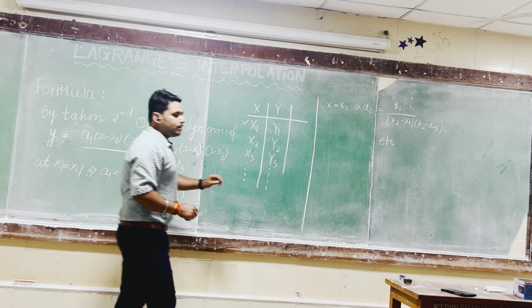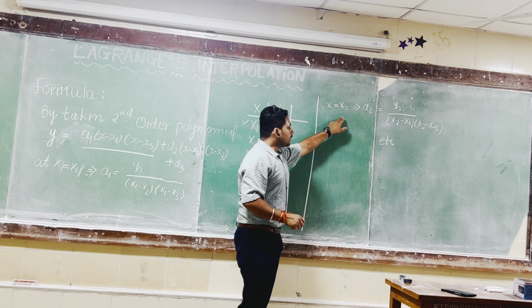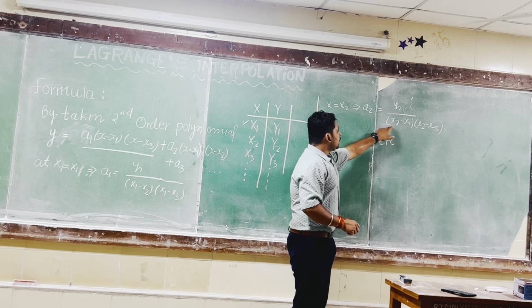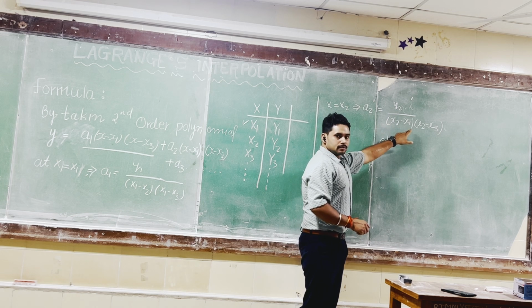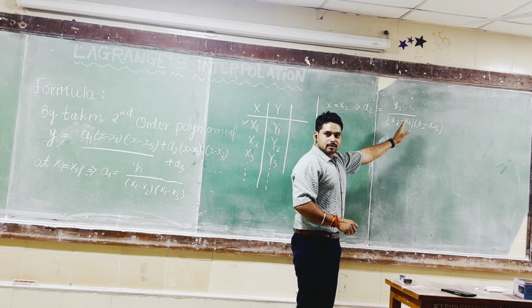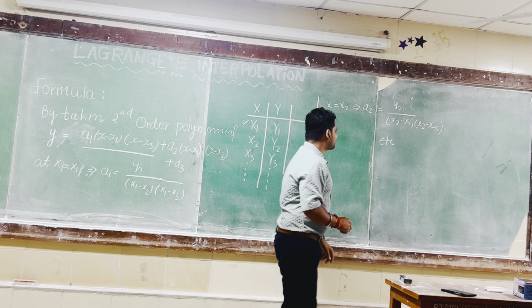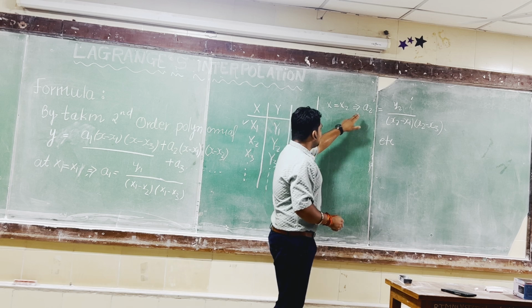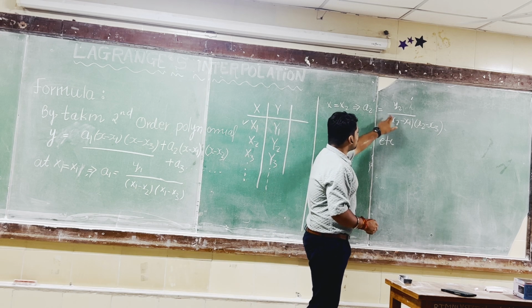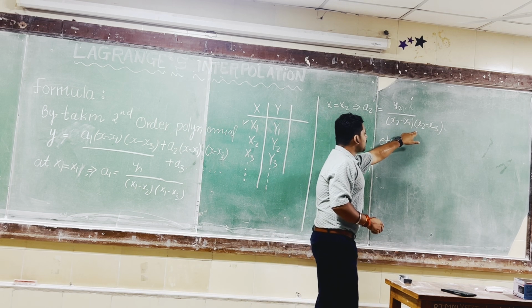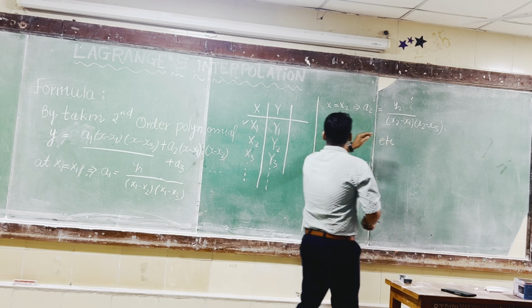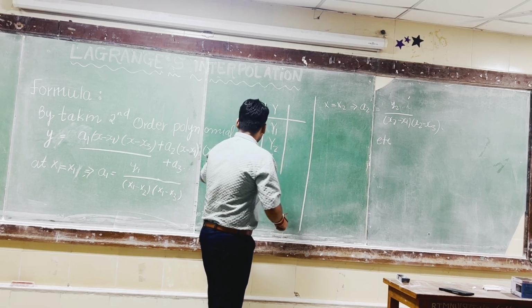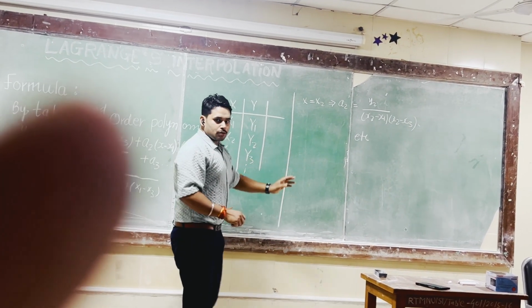Similarly, when we put x equals x2 in our polynomial, we get a2 equals y2 upon (x2 minus x1)(x2 minus x3). Similarly, putting x equals x3, we get a3, and so on.